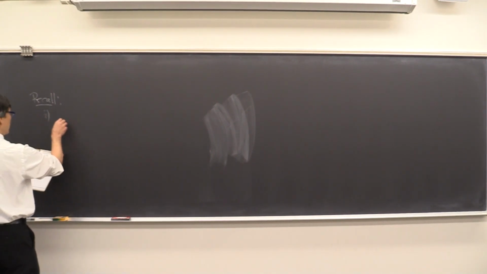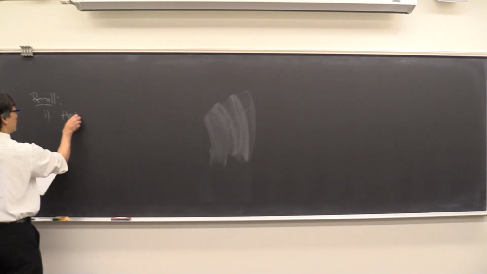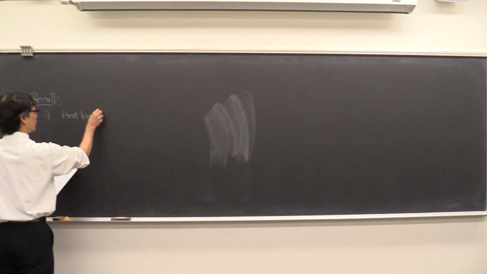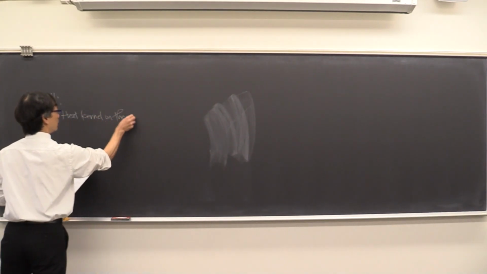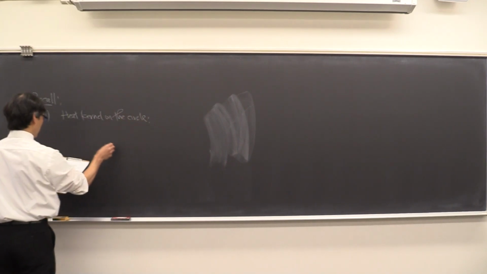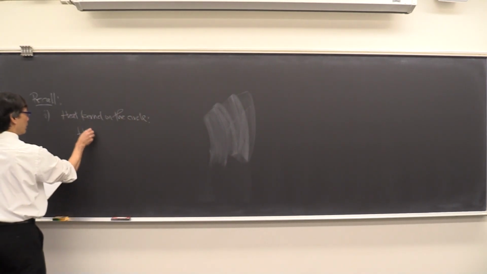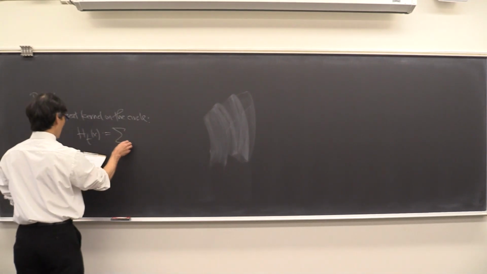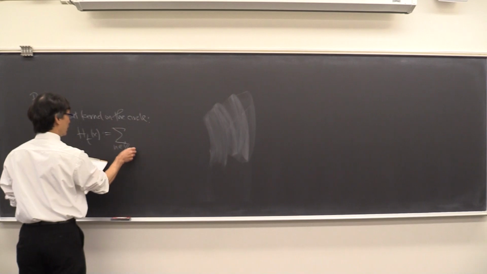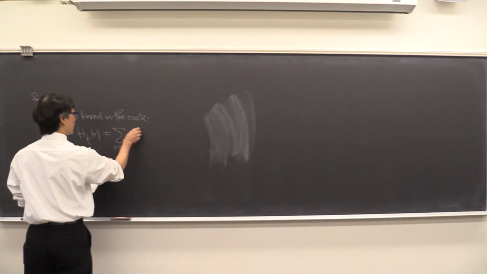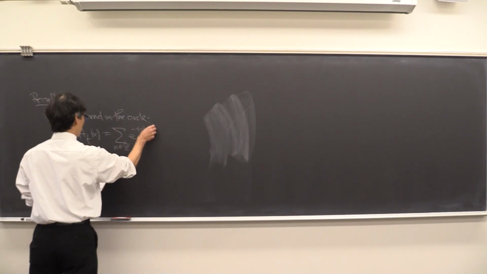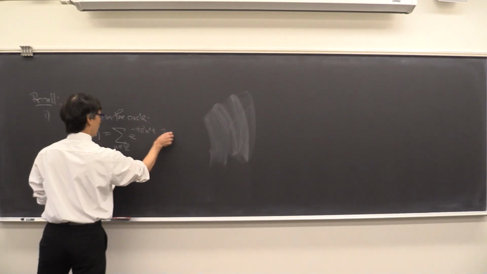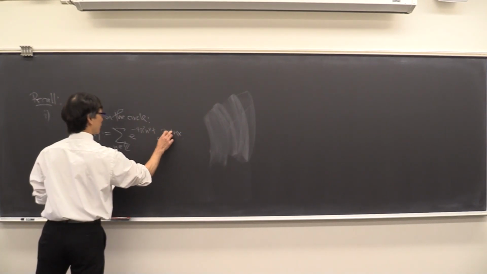We had the heat kernel on the circle, which was the summation over n in the integers of e to the negative 4 pi squared n squared t, times e to the 2 pi i n x.